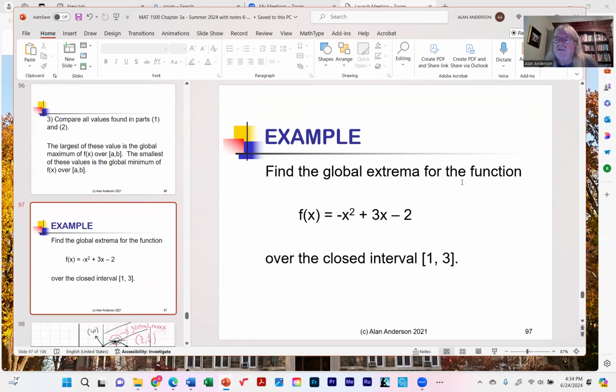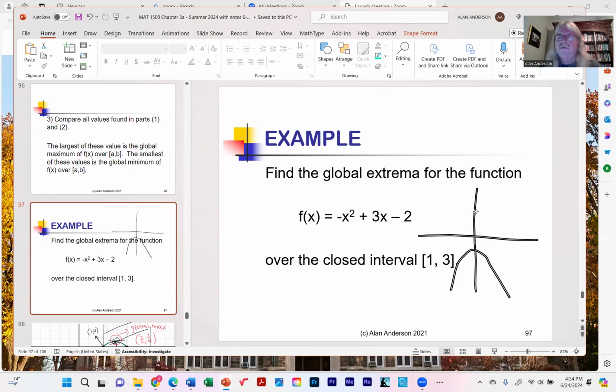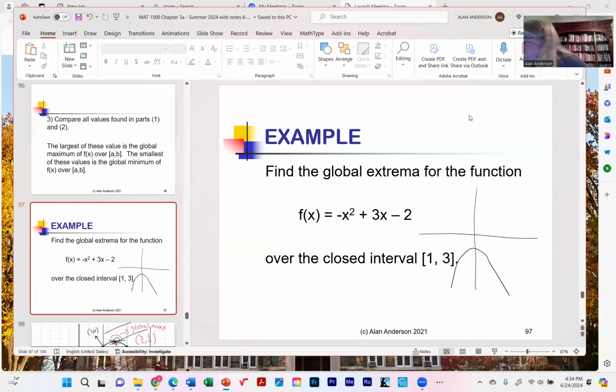All right, so let's look at an example. Here's a function. It's a parabola. It'll look, let me move this down. Something like this. And the interval we're looking at is one.